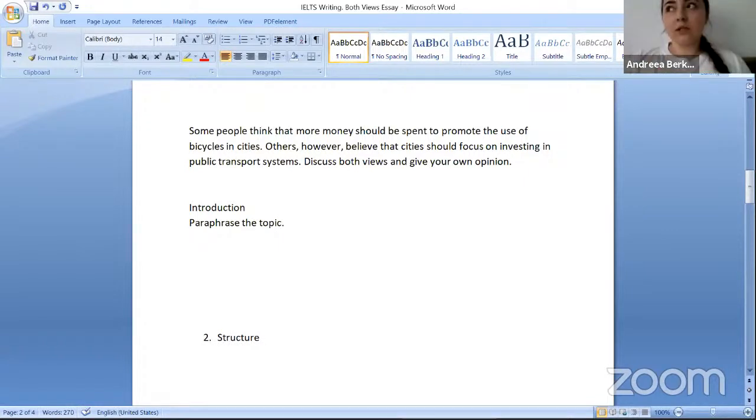And then we need one more sentence in the introduction, which is called an outline sentence. Here we just have to say what is going to be discussed in the essay. You can start it with: this essay will discuss both views and reach a conclusion.